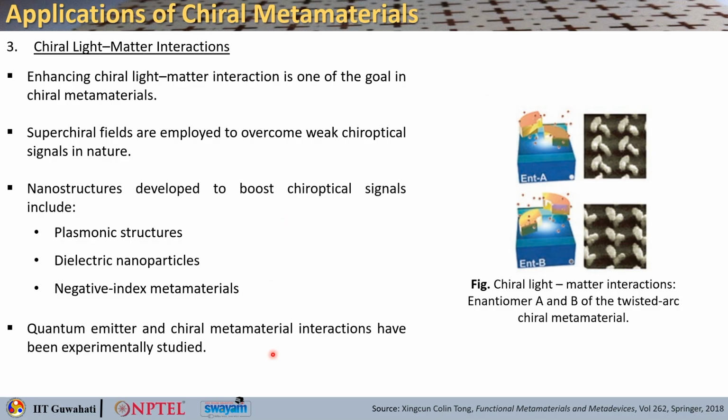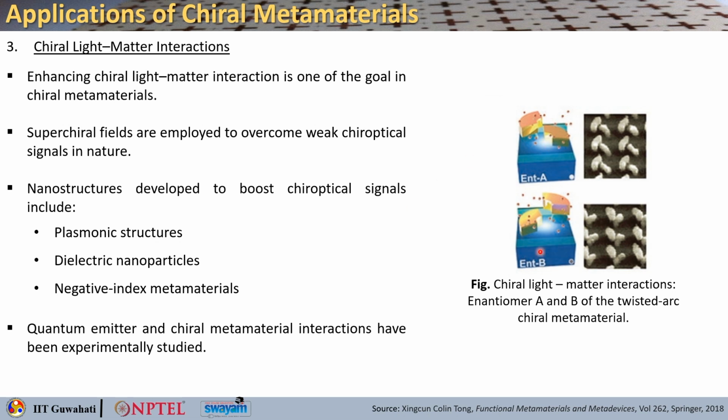The interaction between the quantum emitter and chiral metamaterials has been experimentally investigated, and you can see in this particular figure that chiral arc metamaterials are adopted as two enantiomers, enantiomer A and B. There is slight variation, one is the mirror image of the other, and you can see that achiral quantum dots are predominantly surrounding the upper arc of the metamaterials.